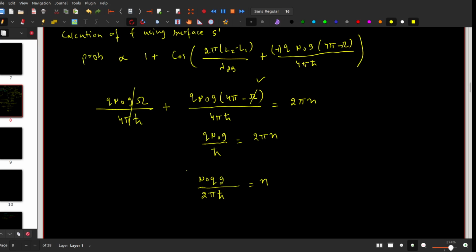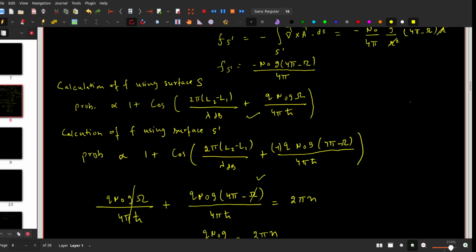So this is the consistency condition that we get because our answer for the probability must be the same independent of which surface we use in the Stokes theorem.